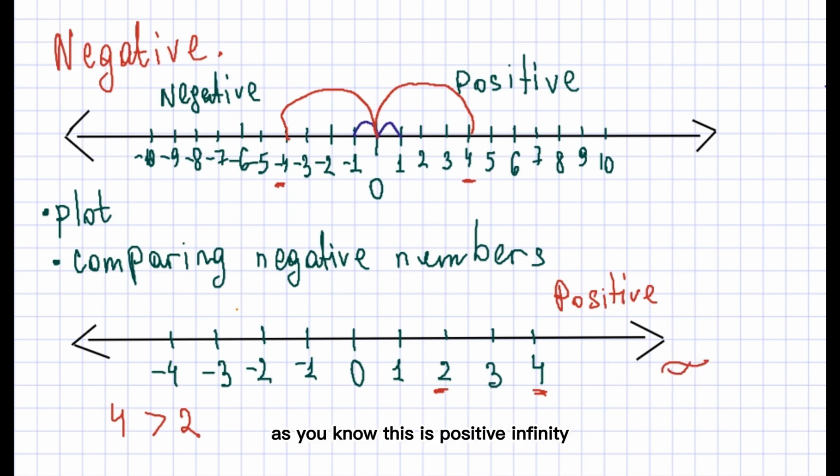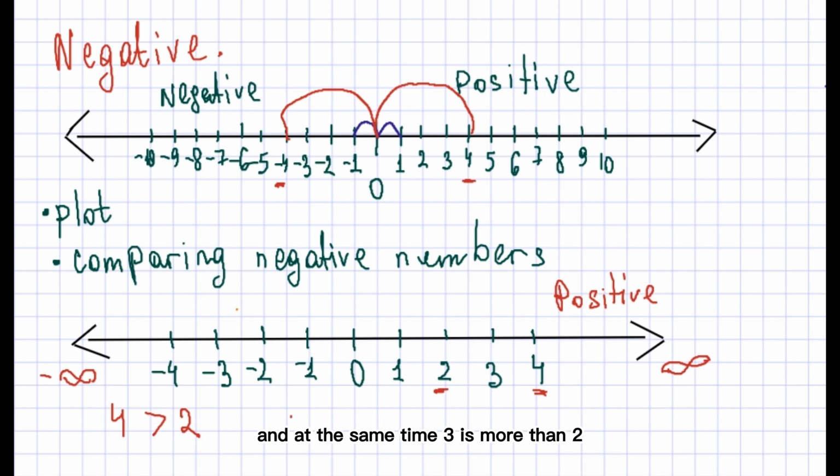As you know, this is positive infinity, where we don't know what number stays there, and the same here: this is negative infinity, we don't know what number stays at the end. So here we see that 4 is nearer to positive infinity than 2.